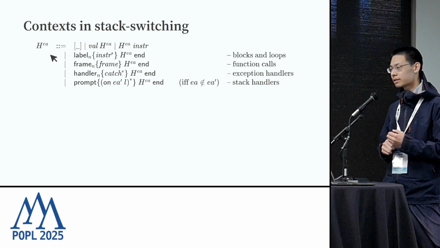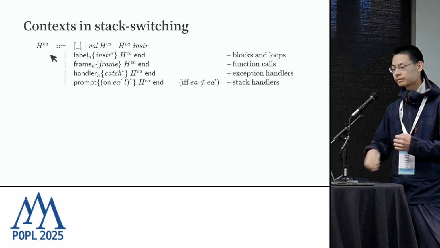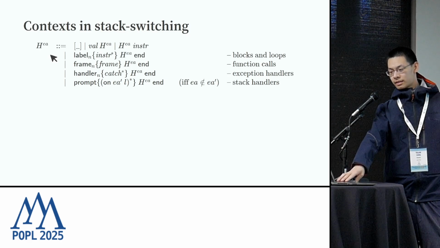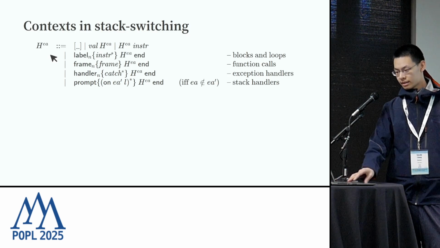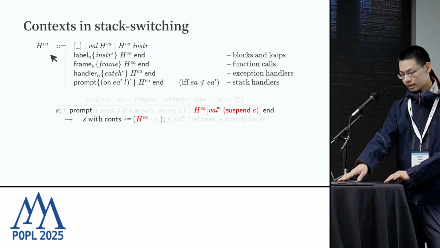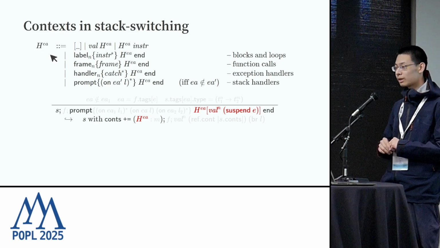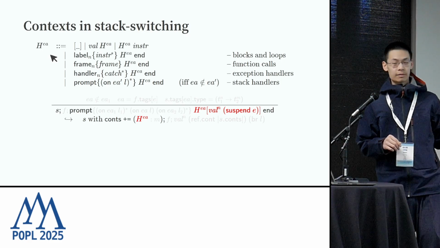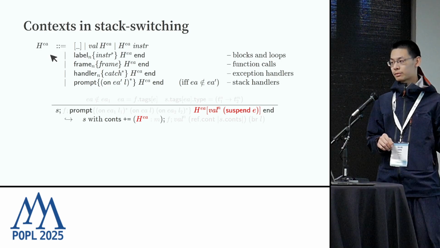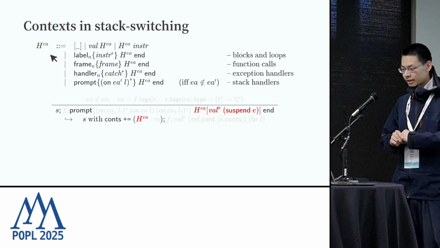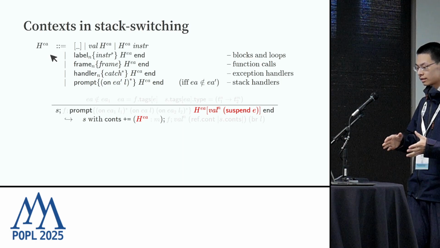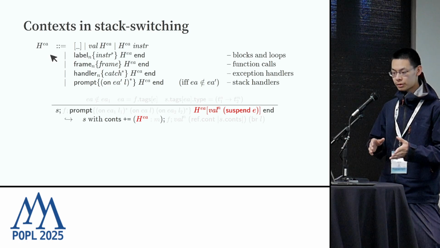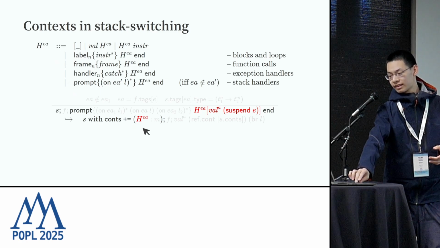Contexts are also used extensively in stack switching. This is a context as used in stack switching, which is really similar to the block context. But one important difference is that this is the semantics of the suspend instruction. As you can see, when we match a handler context, after we match it, we need to store it into the store.